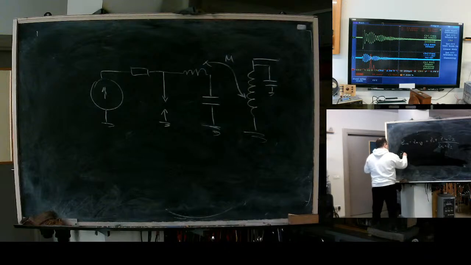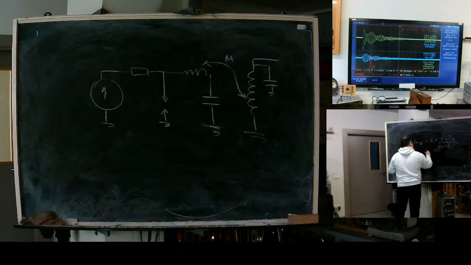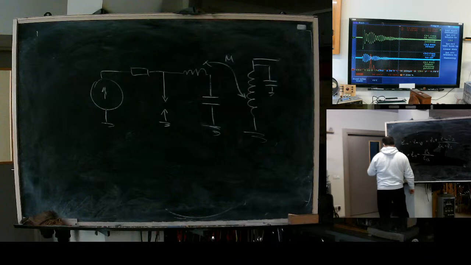Or the input impedance is Z1 minus ZS squared divided by the secondary one.